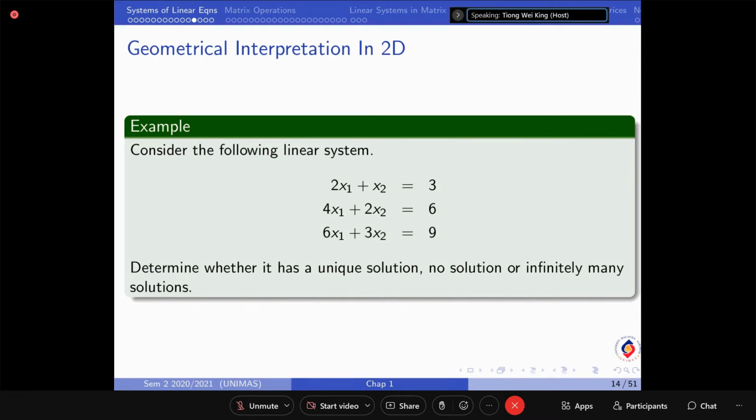If you divide the second equation by 2, then you will obtain the first equation. If you divide the third equation by 3, we will also get the first equation. So meaning all these three equations are the same.